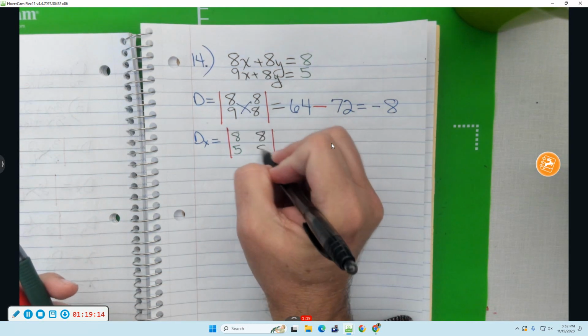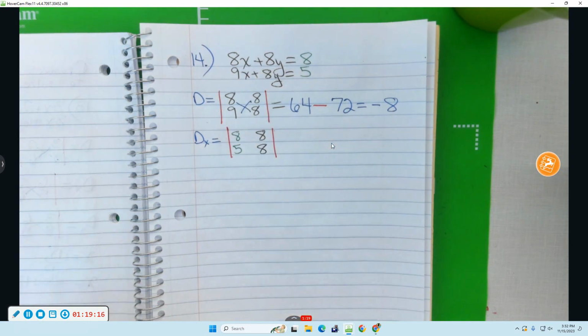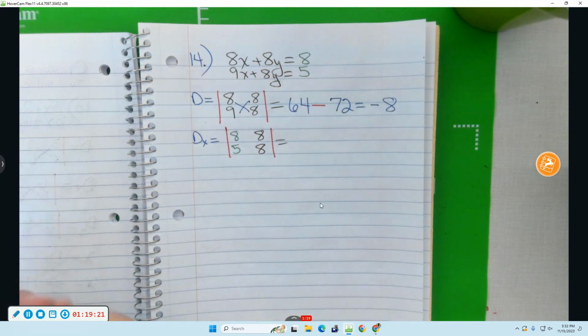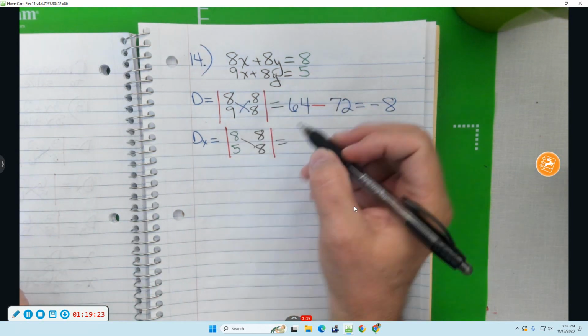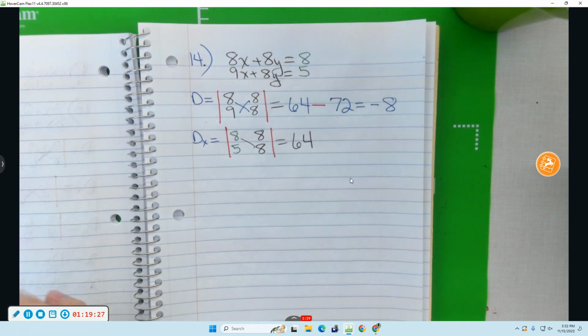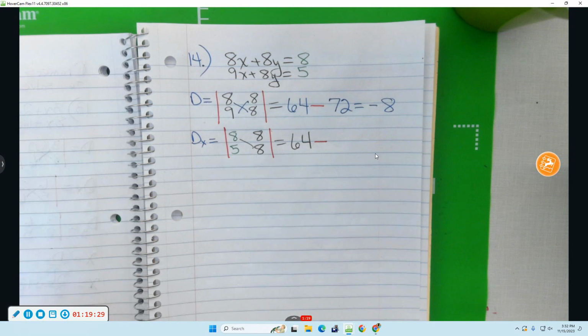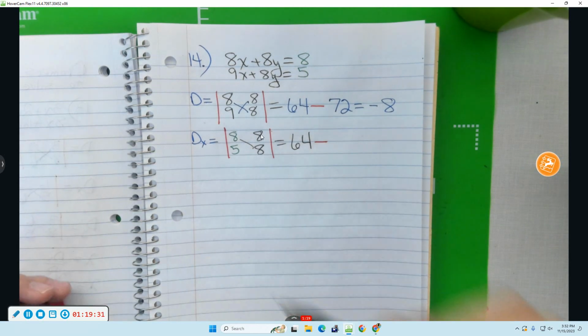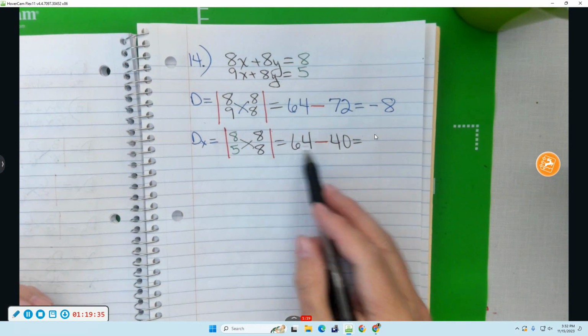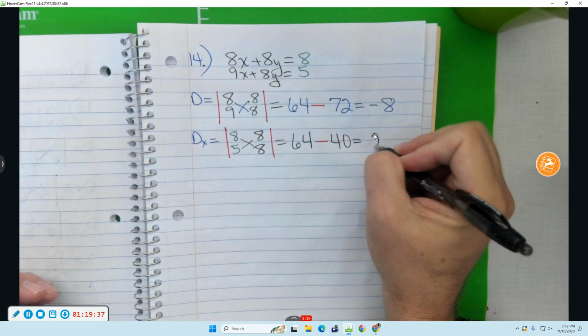It's the same as in the original matrix. Then we multiply. 64 minus 8 times 5, I'm getting 40. 64 minus 40 gives me 24.